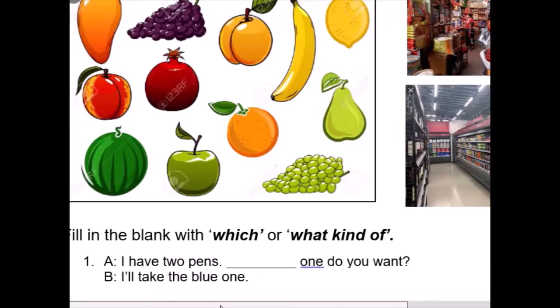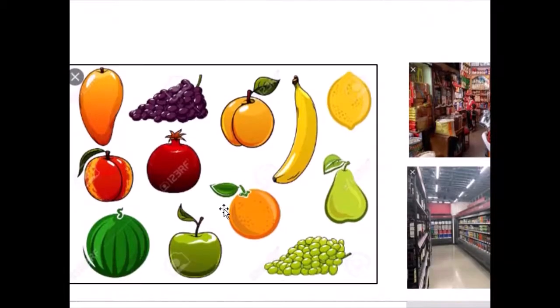Okay, so I like different types of fruit: mango, grapes, peaches, bananas, apples, pomegranates, watermelon, apple, pear, lemon, orange.